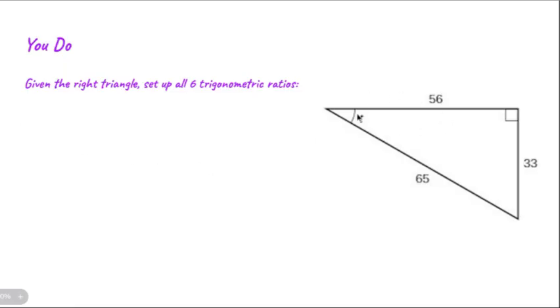All right, so let's look at our reference angle T. And again, our opposite side is that 33. So instead of theta this time, we're just going to use a good old-fashioned English alphabet T. We'll start with sine of T. Oh, yeah.